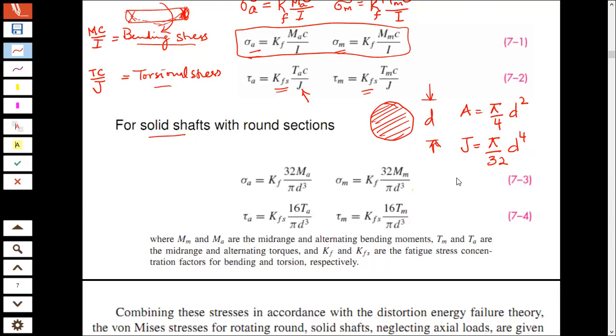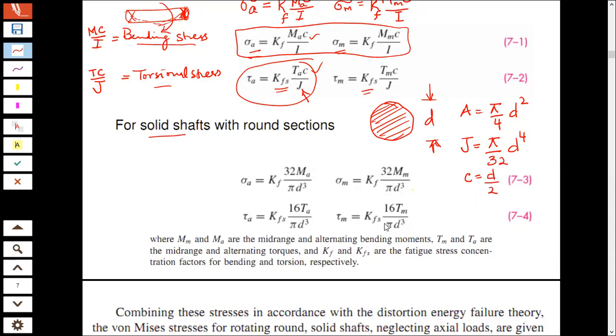Let's take the stress over here. What will be c in these equations? Since it is a shaft, these stresses are going to be maximum at the radius. Okay? So the radius will be d by 2.